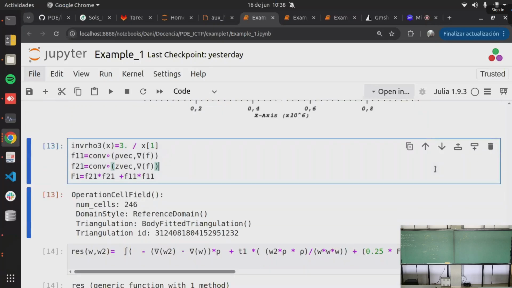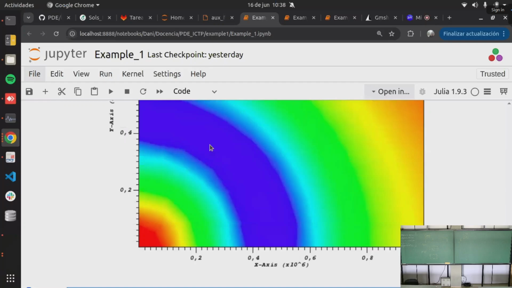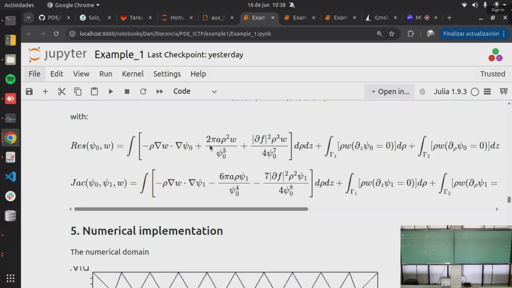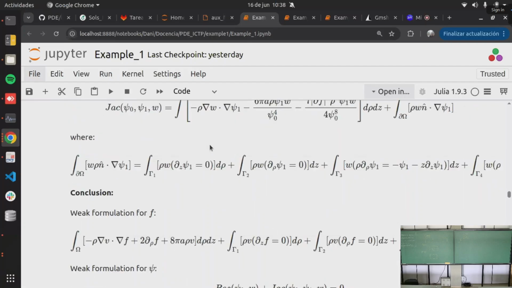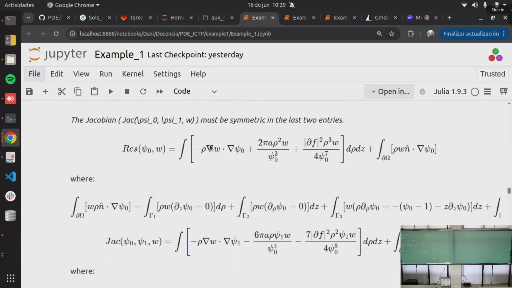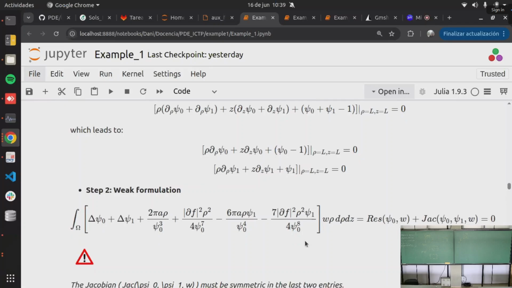Remember that this equation is nonlinear, so we have to perform the Newton-Raphson method, and we have to include the behavior of f in the equation. I do it in this way. Remember that the information of f is contained in this term.